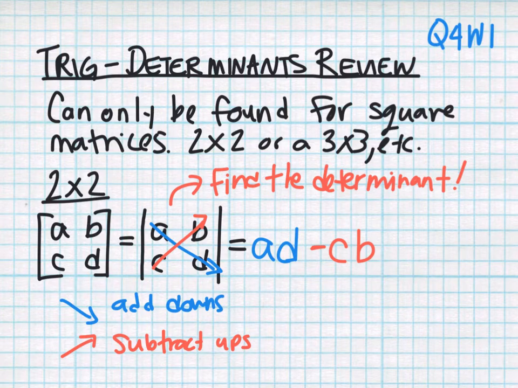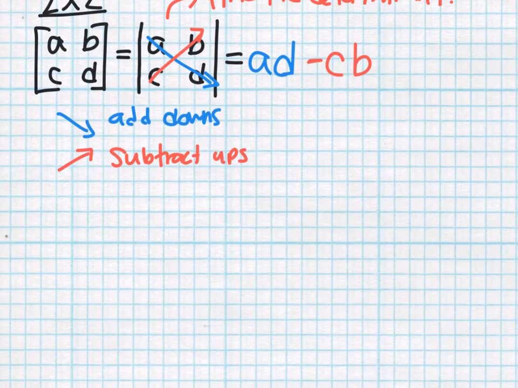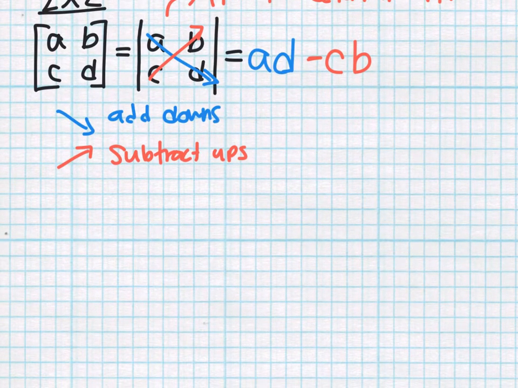Okay, so let's look at an example using some numbers. So let's say here's your matrix. 1, 2, 3, 4, keep it simple. And I say find the determinant.